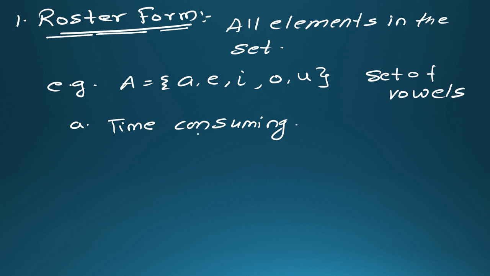But if you have to write a big set, for example all the students of a school, suppose there are 4,000 students in a school and you have to write the names, do you think it will be possible in even one day?